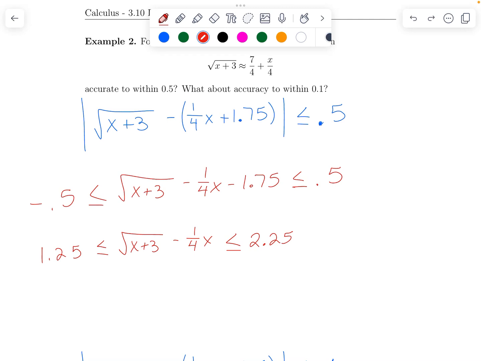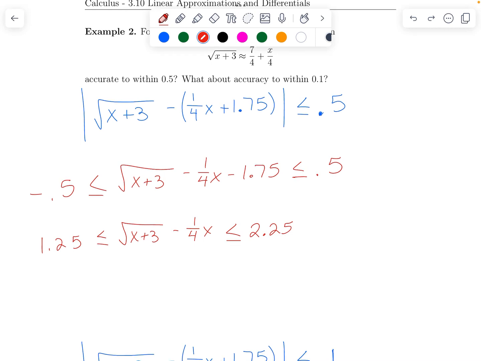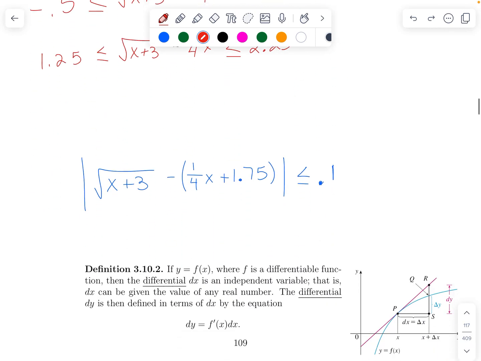So I could try to find this by graphing this and using a graphing calculator or Desmos, or I could just do it algebraically. That's really what the question is asking us, is when is it accurate within this margin of error or that margin of error. Set the absolute value, the difference between them, less than or equal to that margin. Set up your two-sided inequality, and then simplify, find your boundaries.